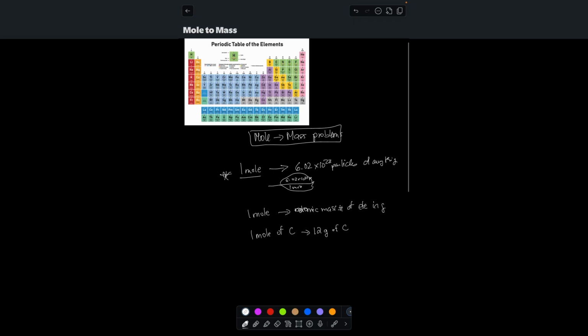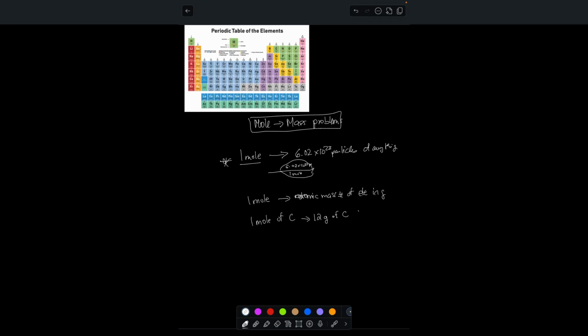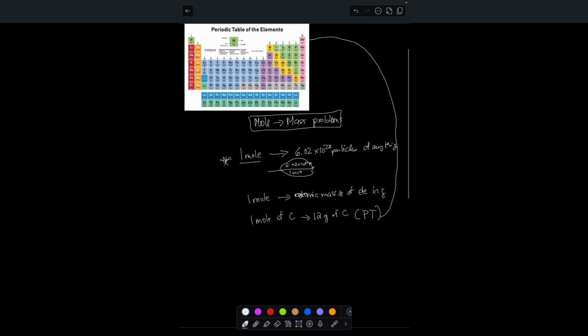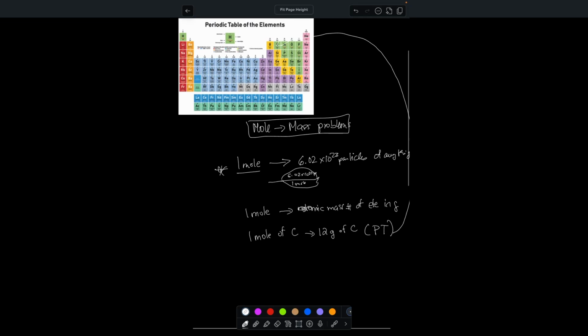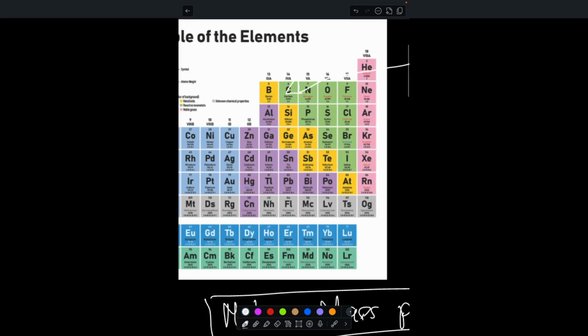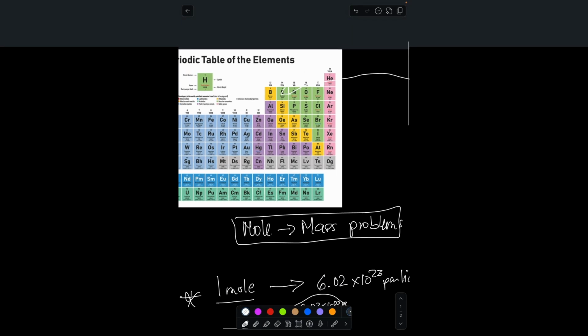So again, where do I get this information? Well, you get this from the periodic table, and you would have to look over here, and this is where you would see the 12 gram, right? So if I were to focus in, you would see that it's really 12 grams.